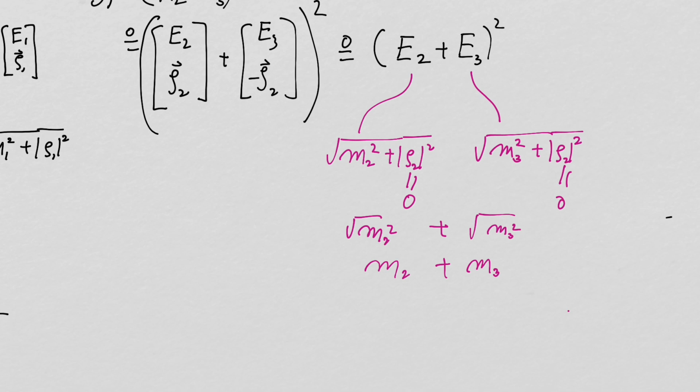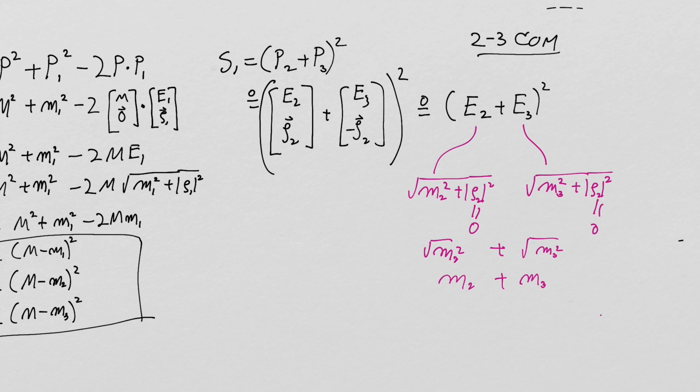Now the logic is that with the lowest possible momentum, you get the lowest possible sum of these two energies, which is the sum of the two rest masses. Any momentum in particle 2, and likewise particle 3, by necessity, because of the frame we're in, would increase this number. So we can surmise that S1 must be greater than or equal to the mass of particle 2 plus the mass of particle 3, squared.